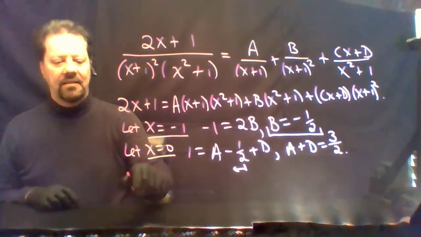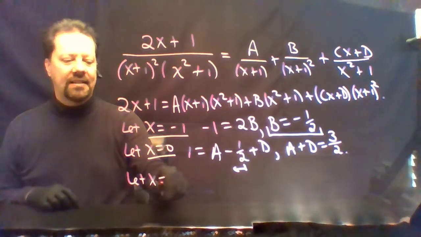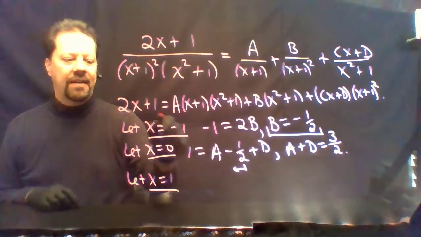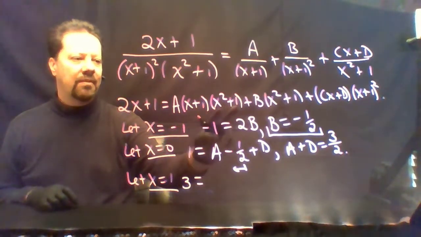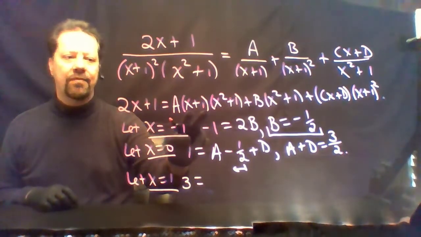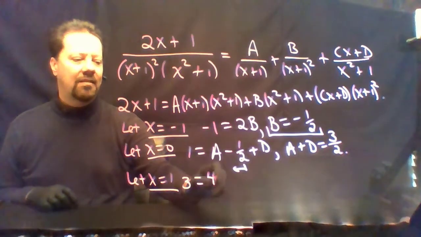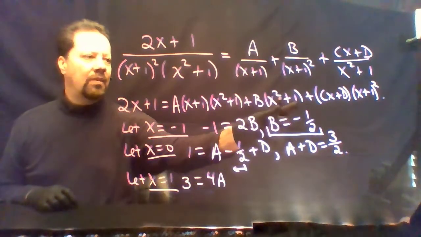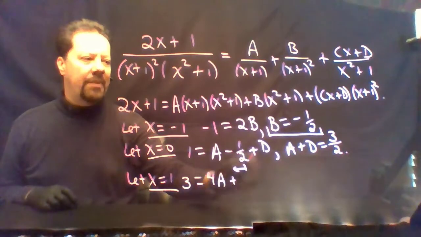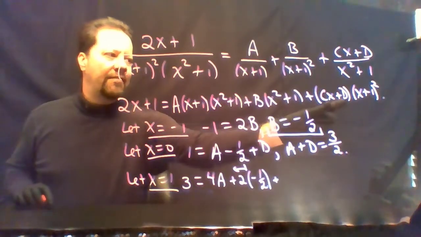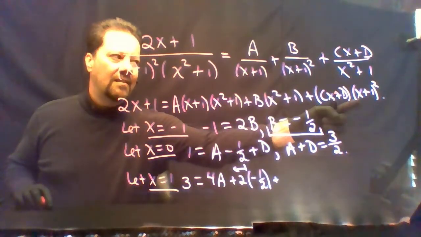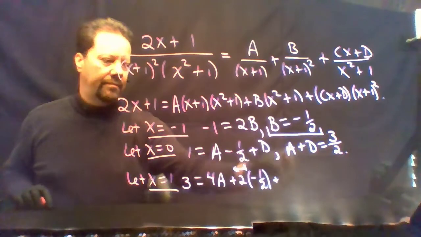So let's let x equal 1. If x is equal to 1, then 3 is equal to, we have 2 times 2 is 4a. We'll have 2b, but b is -1/2. We'll have c plus d times 4.